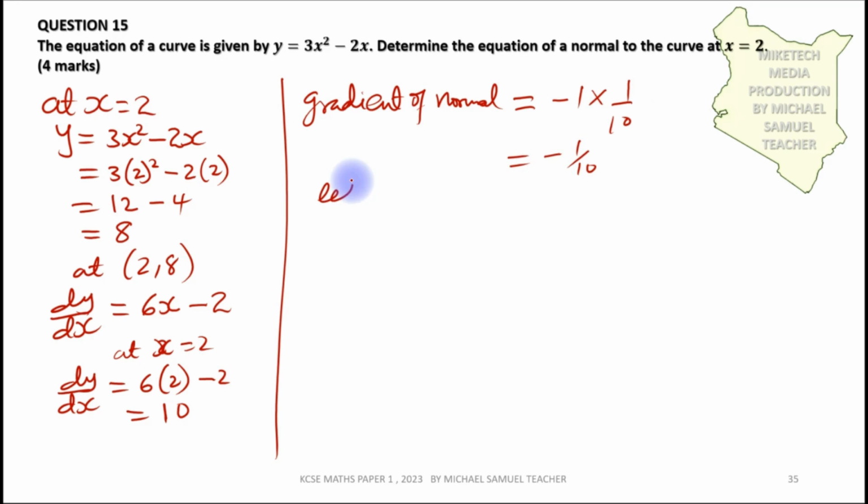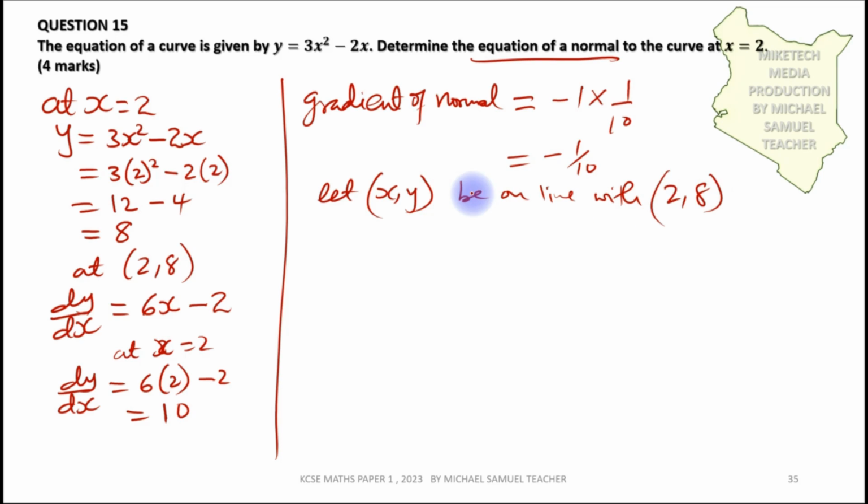So let a point (x, y), since we want to get the equation of the normal, be on a line with the point (2, 8), and the gradient of the normal is minus 1 over 10.